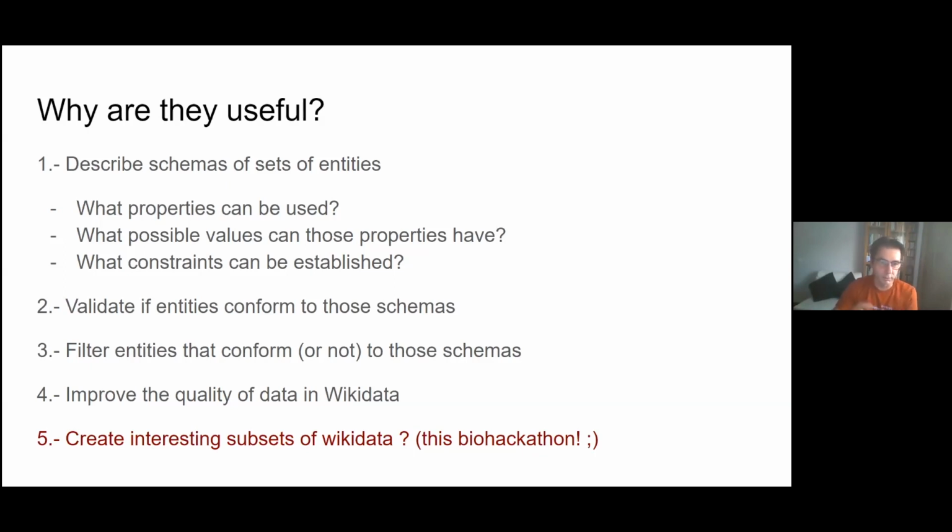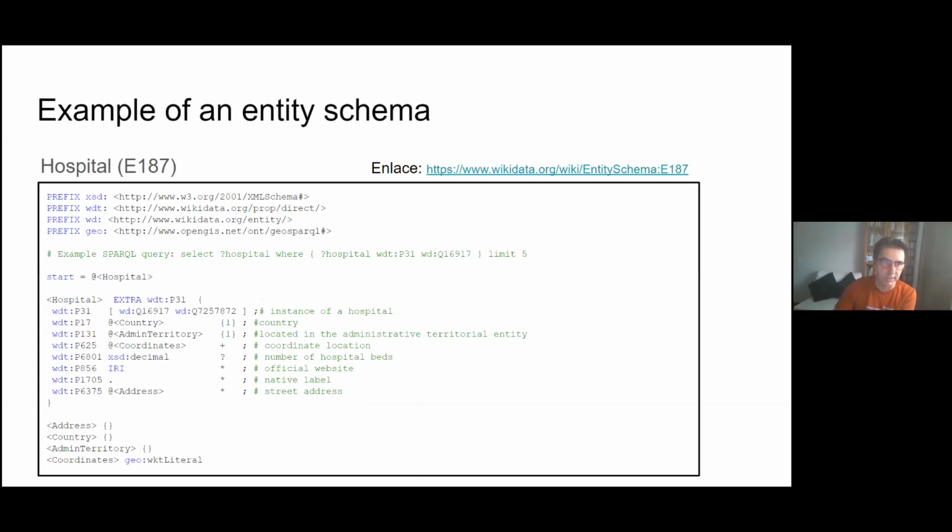I mean, Wikidata is continuously changing. You could obtain a dump of Wikidata, but that's not easy to do. But if we have an easy way to create a snapshot of some interesting subset of Wikidata, I think that would help the people who want to do research on Wikidata. So that's one of the motivations of the work that we are trying to do in this BioHackathon.